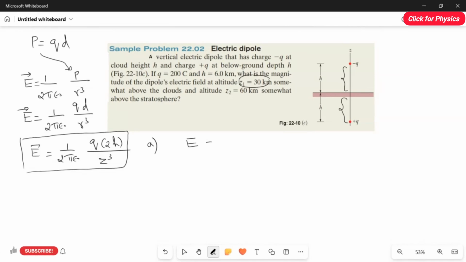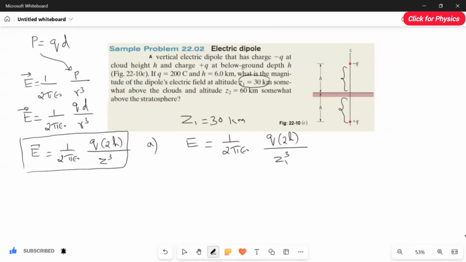So E vector equals 1 over 2 pi epsilon naught, Q multiplied by 2h over z1 cube. Here we are writing z1, which is 30 kilometer, and we have to convert this kilometer into meter, so we multiply by 1000.